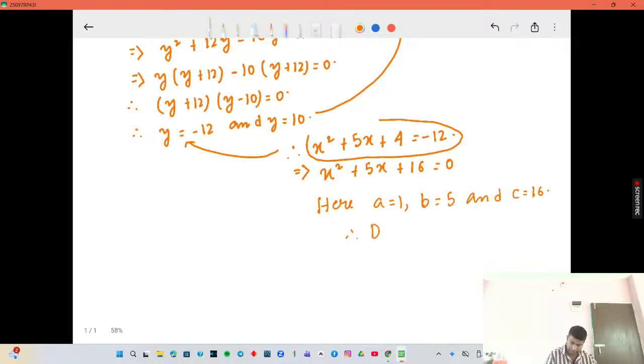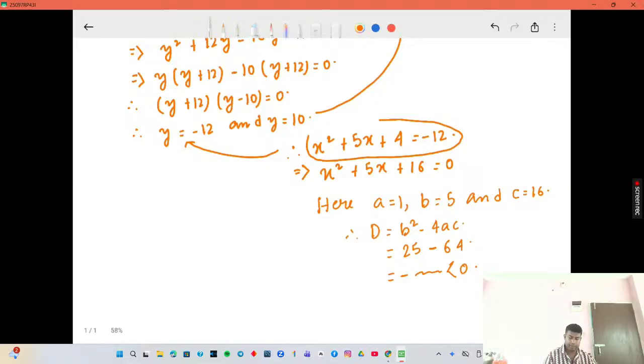Therefore, D is equal to b square minus 4ac, which is 25 minus 4 into 16. What is 4 into 16? 64. The answer is coming in the minus, so it is less than 0. So there will be no real roots.